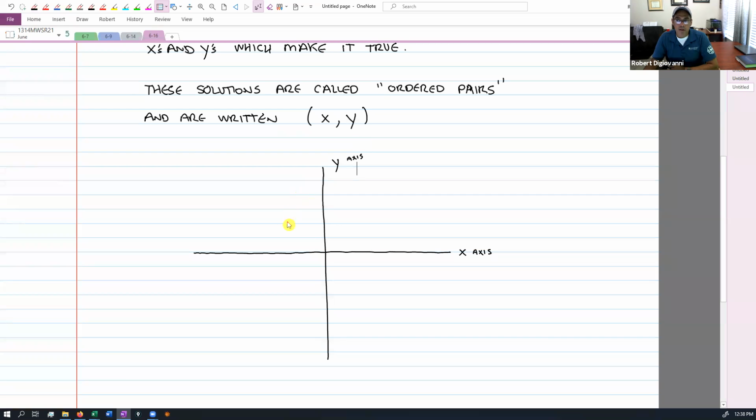When we want to visually represent one of these answers, whatever the X value is, that's how far we move out on the X-axis, where this is the positive direction, this is the negative direction. And whatever the Y value is, if it's positive, we go up, negative, we go down. So if I go to the right by X and go up by Y, then I'll get to a point, and that point represents that ordered pair. I know most of you have seen this, so this is probably not news to you.